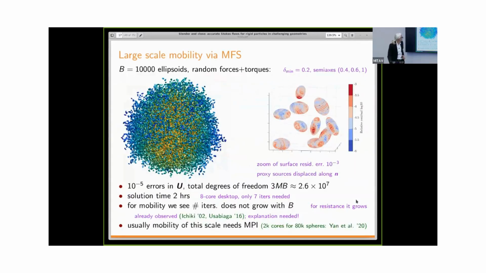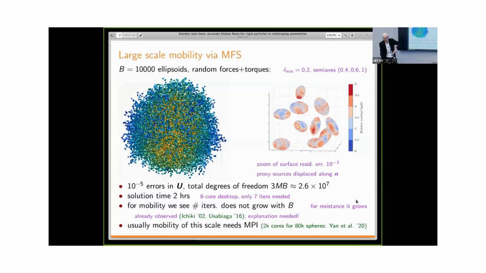So let me show you some results for that. Here's ellipsoids, and I'm not going to show you their source points, but they're basically normally displaced just slightly inside the ellipsoid. And here's 10,000 of them. You give them random forces and torques, and here we're plotting what the surface velocities are. This only takes 7 iterations.